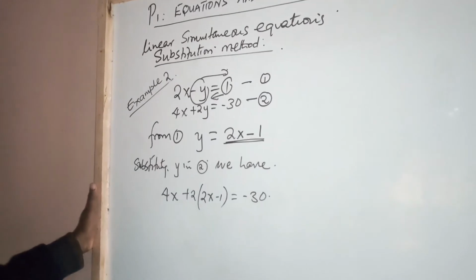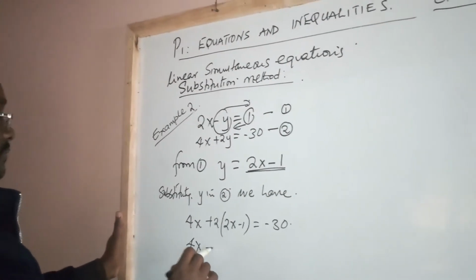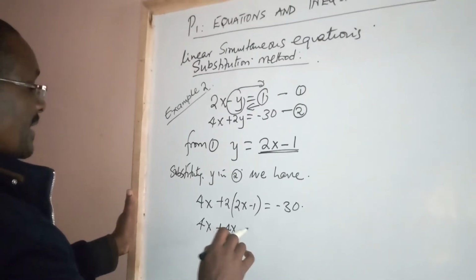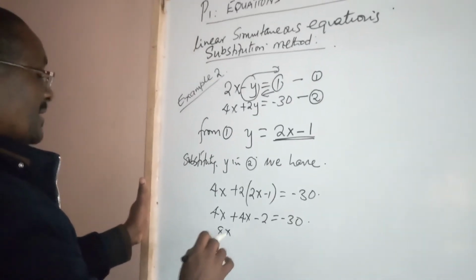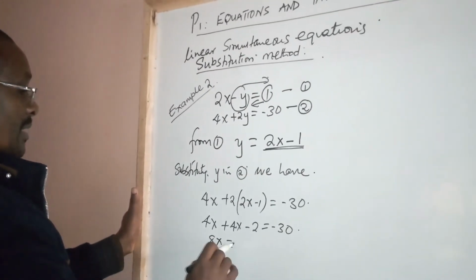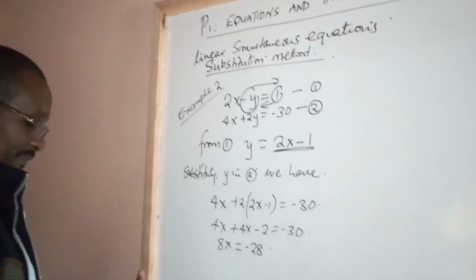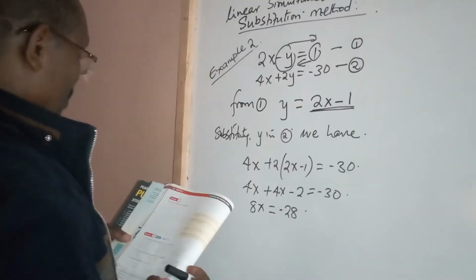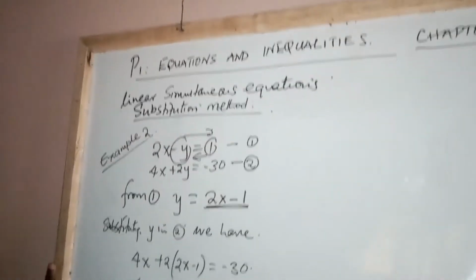Now we only have to open the bracket, which gives 4x plus 4x minus 2 is equal to minus 30, and 8x is equal to minus 28.